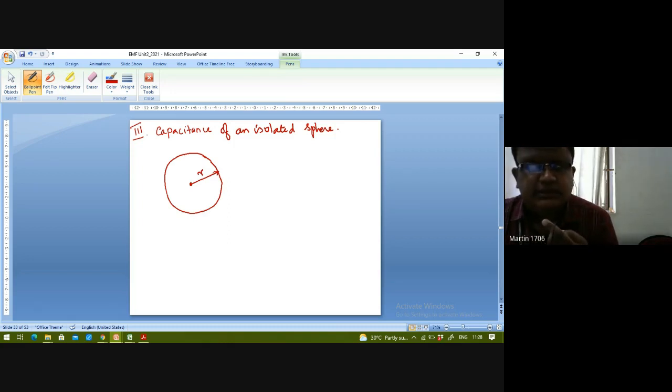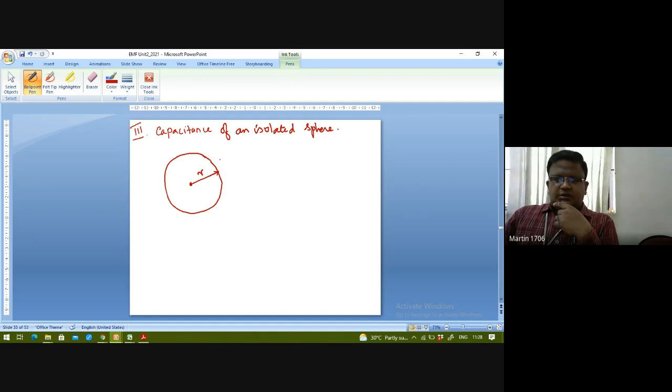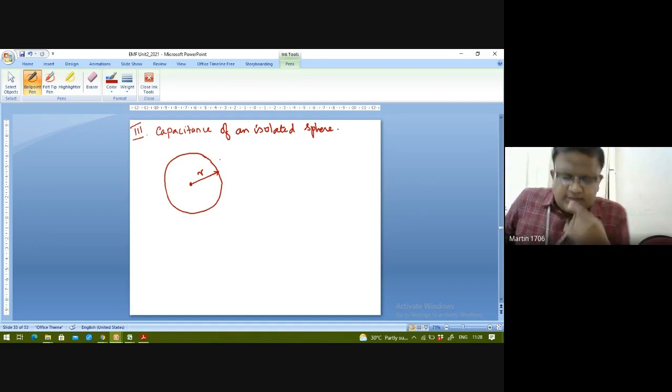Only thing is that the geometry changes. Unless it is the same, then what is the capacitance? You can ask one question: is this the shape of the capacitance, or the shape of the electric material? Absolutely, it is the shape of the isolated capacitance.